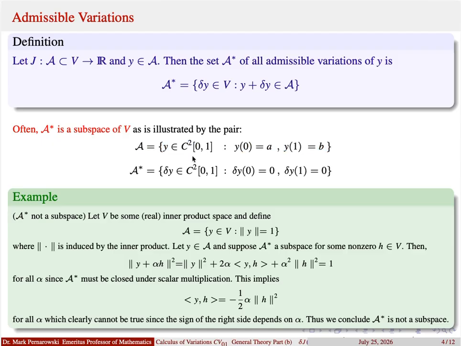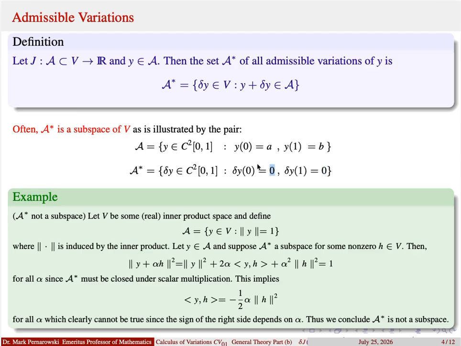The set of admissible variations is actually this one I've just listed below, where it's all C2 functions that vanish at both the left and right boundaries. Why? Because if I take any delta y in here and I add it to any y in here, that sum will be in the set A. The boundary conditions will be the same, because delta y vanishes.